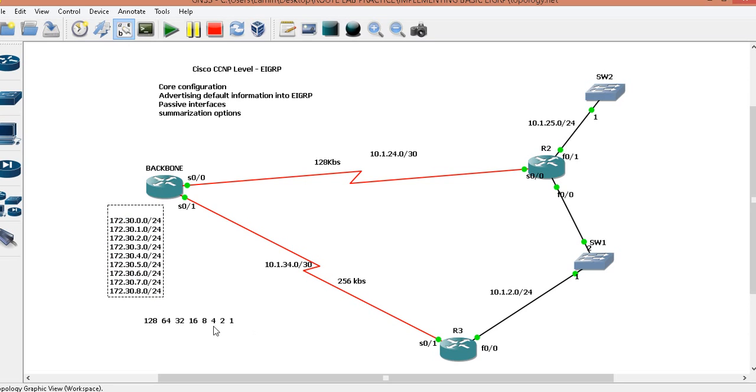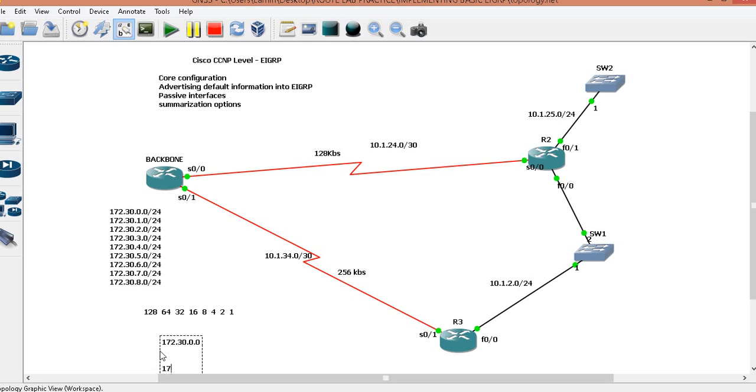So how do I do that? We should always start with 172.30.0.0, and the last network is 172.30.7.255, the last network before we reach the 8 network here.